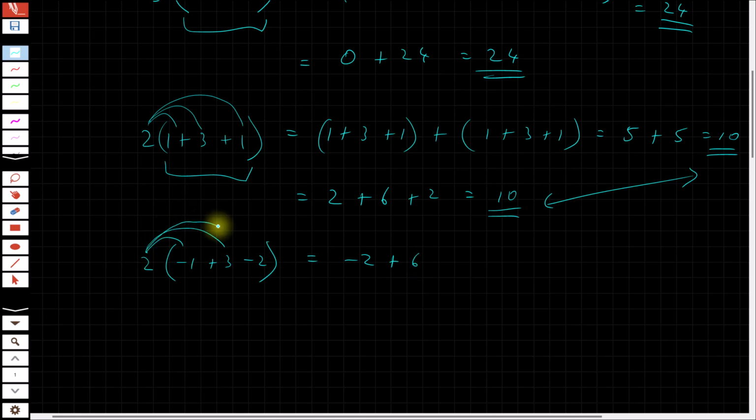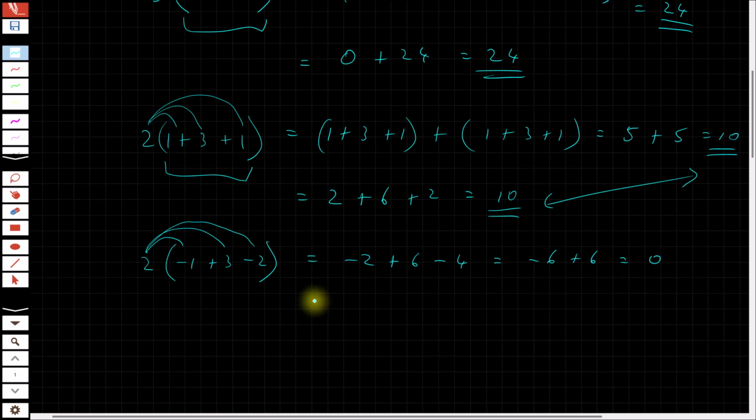And 2 times negative 2, a positive multiplied by a negative will give a negative, that is a negative 4. So negative 2 minus 4, that's a minus 6. So we have minus 6 plus 6, that equals 0.